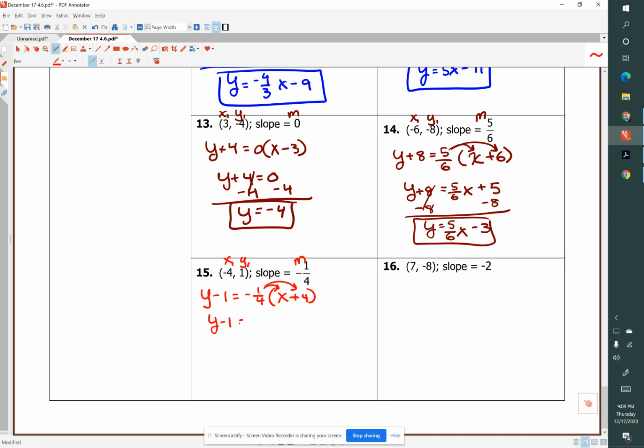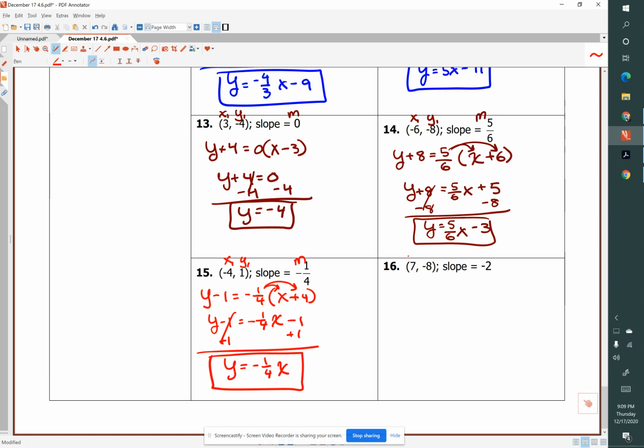Y minus 1 equals negative 1/4 x minus 1. Negative 1/4 times 4 is minus 1. Add 1 to both sides. So we're isolating y so we can get in that slope-intercept form. Y equals negative 1/4 x, and negative 1 plus 1 is 0. There's no need to write plus 0, so we can leave it at y equals negative 1/4 x.